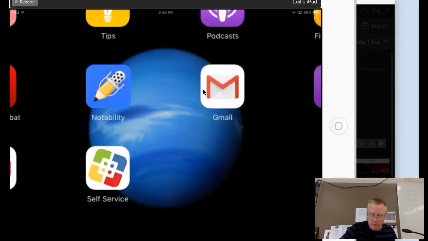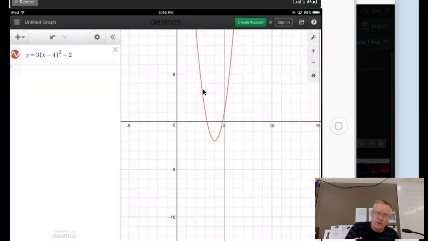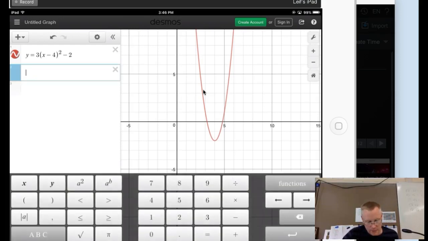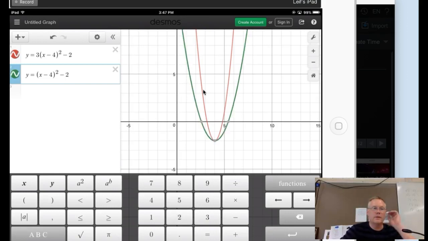Let me go back to that for a minute. Now, the stretch or compression has to do with what it's compared to: y equals (x - 4) squared minus 2. Let me put this in. So I have everything in that except for the 3.